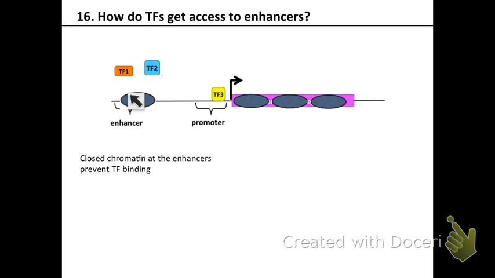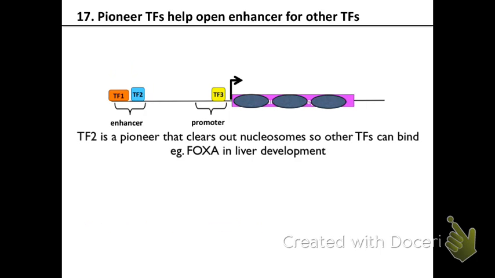What I mean by that is that the nucleosomal DNA is not going to be accessible to transcription factors, but if in a certain tissue you have a pioneer factor such as TF2 binding to this nucleosomal DNA and removing that nucleosome, allowing the binding of other transcription factors, these transcription factors can now start activating the transcription of this gene. This is an important mechanism in development especially. For example, a very famous pioneer factor is called FOXA. It opens up the enhancers in cells to promote their development into liver cells.